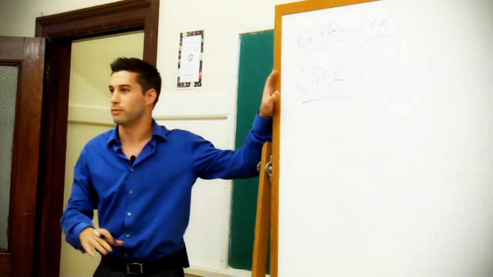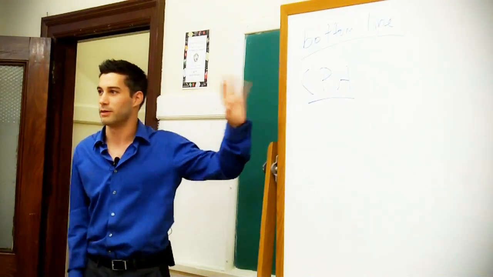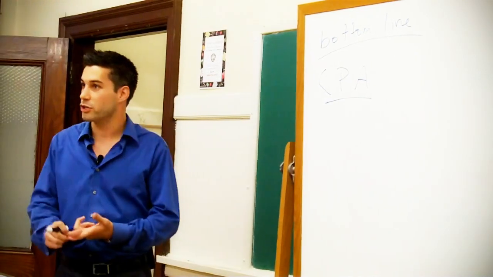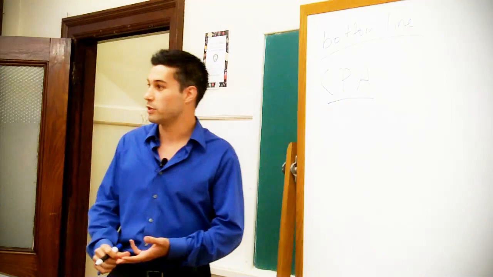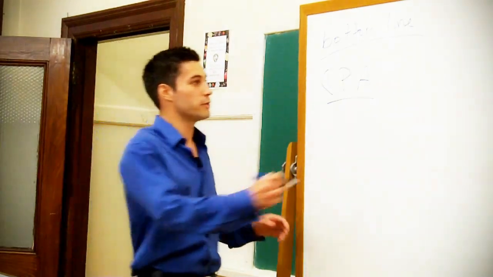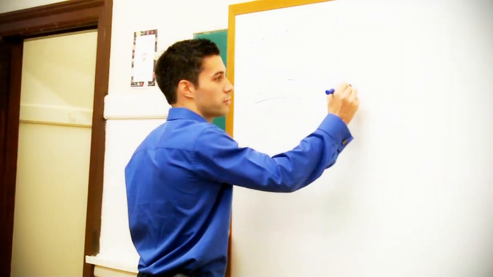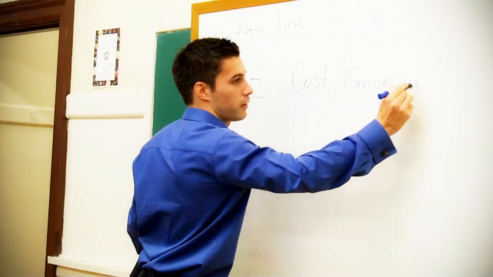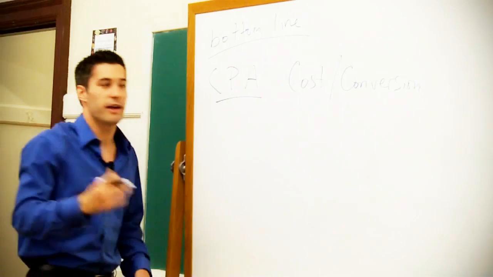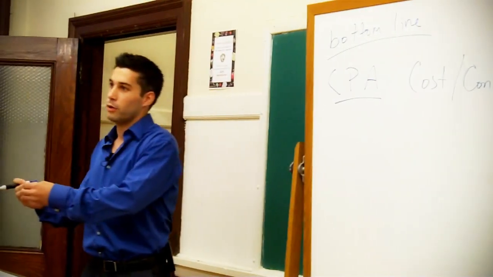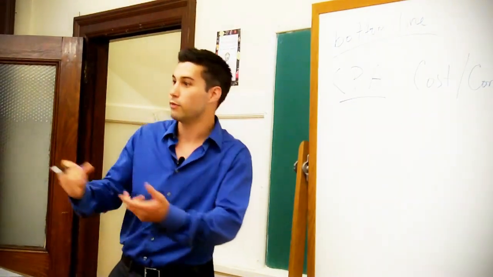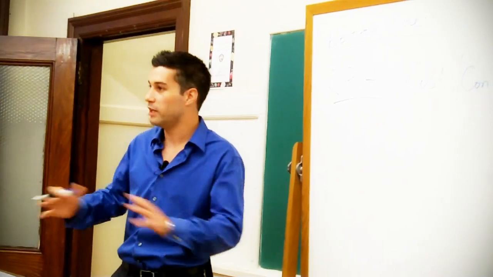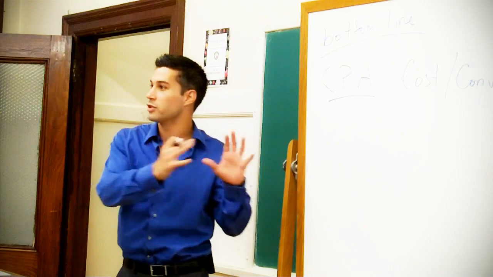These acronyms get misused and reused all the time, but this can mean cost per action, cost per acquisition, or it can also be called cost per conversion. And that is what you pay to get a lead, to sell a product, to get a phone call. It's up to you what that action is.